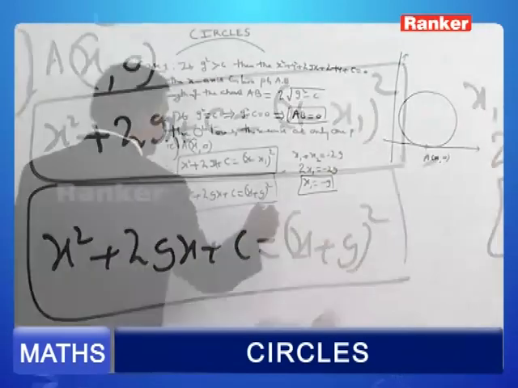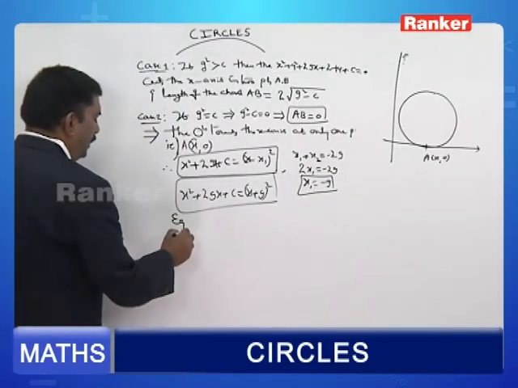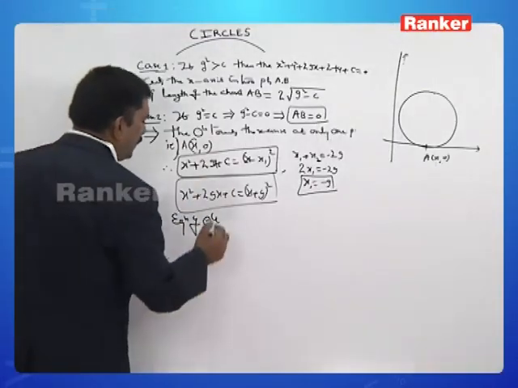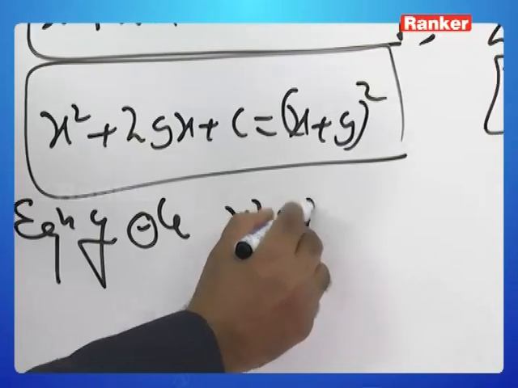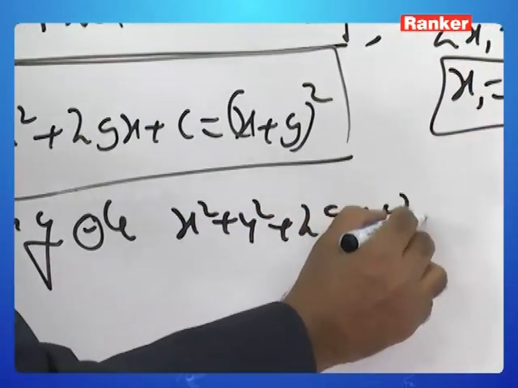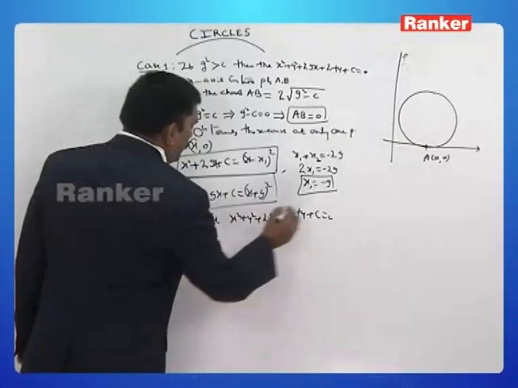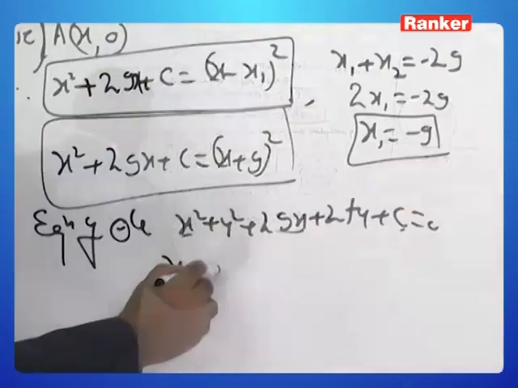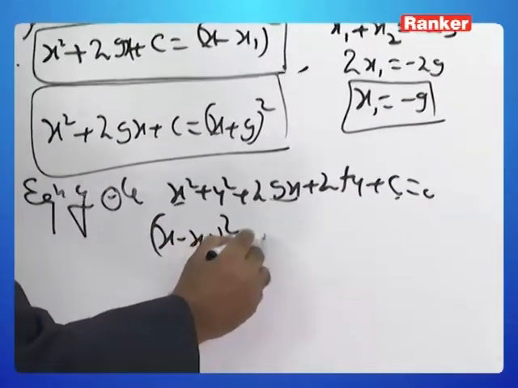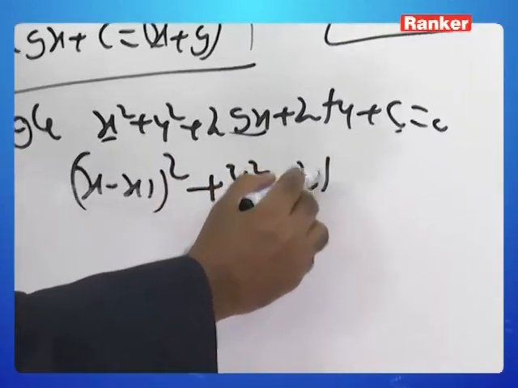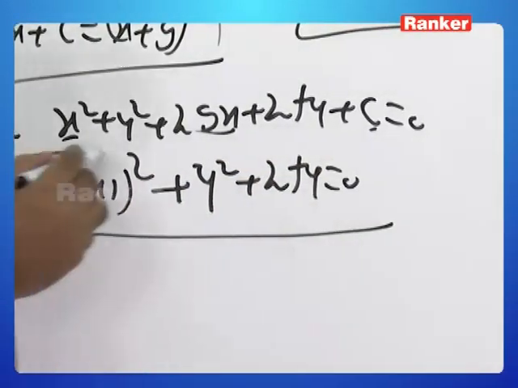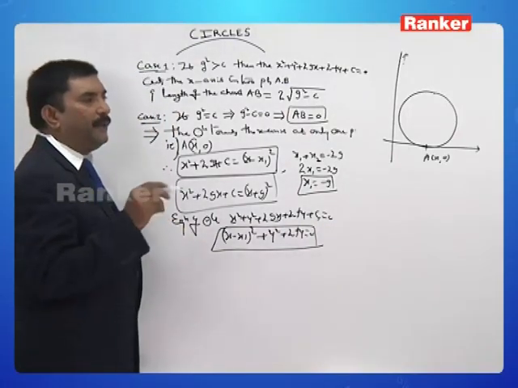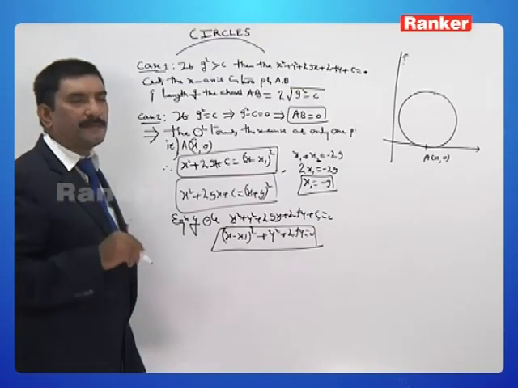So hereafter, what is the equation of the circle touching the x-axis? The circle x square plus y square plus 2gx plus 2fy plus c is equal to 0 can also be written as x minus x1 whole square plus y square plus 2fy is equal to 0. This circle touches the x-axis at only one point, where the point of contact is x1 comma 0.